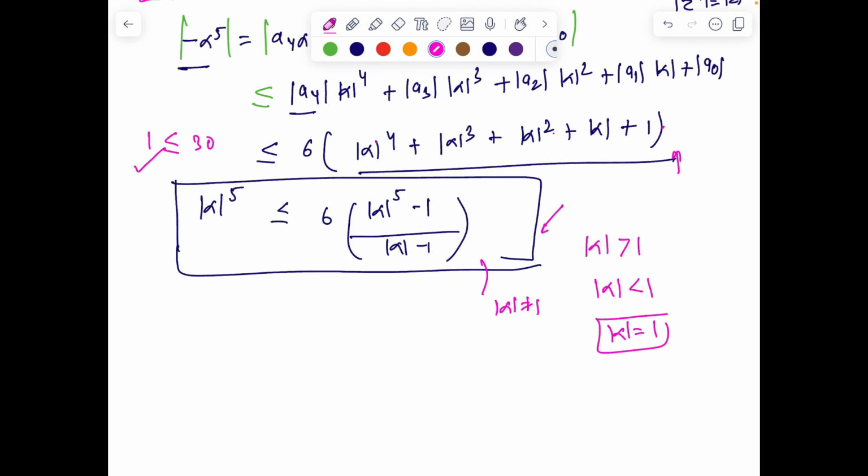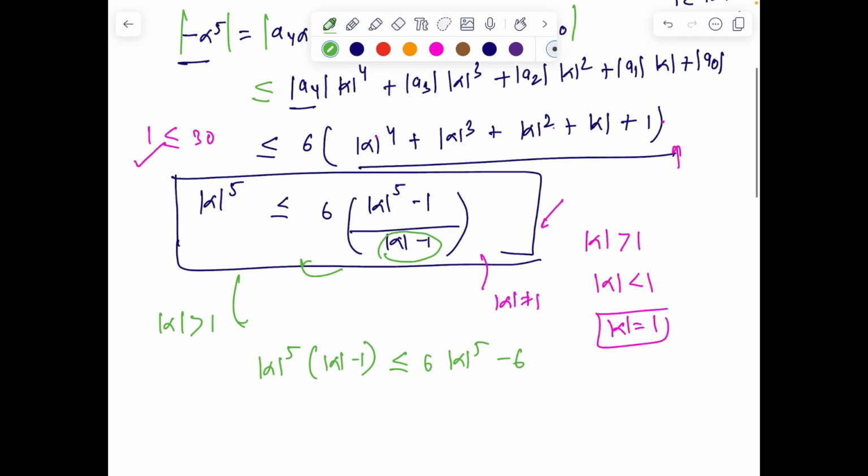So now let's take two cases, because directly if I cross multiply I'll get a wrong result. That depends on whether mod alpha minus 1 is positive or negative. So case 1, when mod alpha is more than 1. Under this case I can cross multiply, so we'll get mod alpha to the power 5 times mod alpha minus 1 less than or equal to 6 mod alpha to the power 5 minus 6, right?